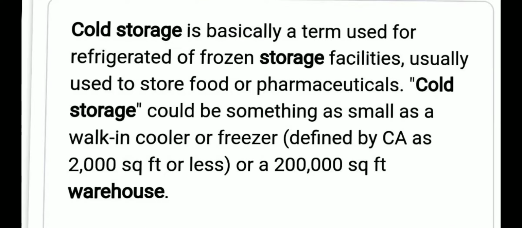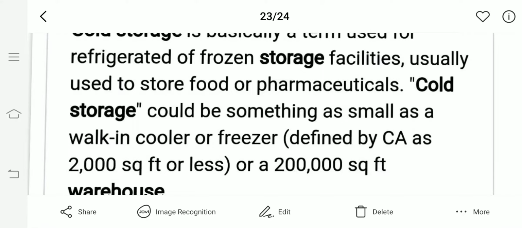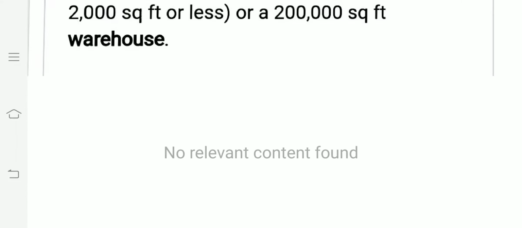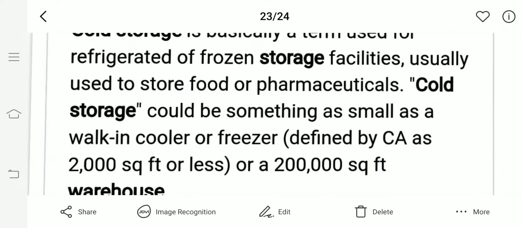Now, cold storage is basically a term used for refrigerated or frozen storage facilities usually used to store food or pharmaceutical. Cold storage could be something as small as a walk-in cooler or freezer, like 2000 square feet or less, or a 2 lakh square feet warehouse.